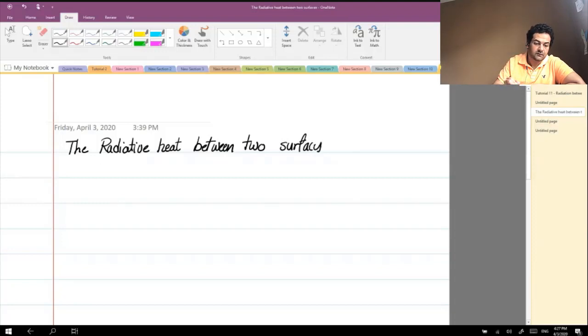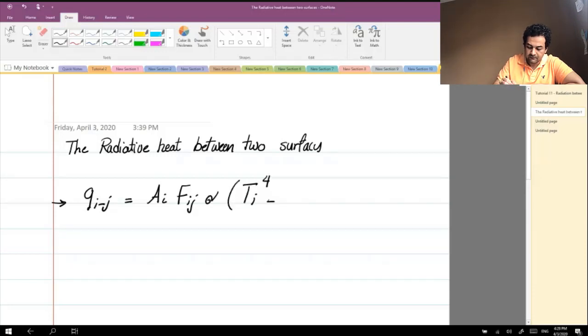So the radiative heat between two surfaces can be defined as Q_ij equals A_i F_ij sigma (T_i to the power 4 minus T_j to the power 4), right?